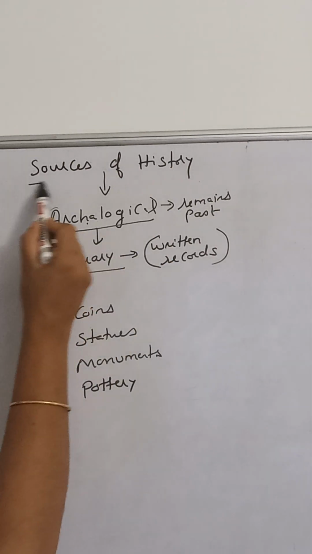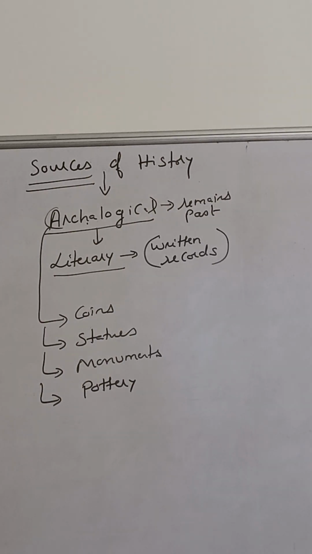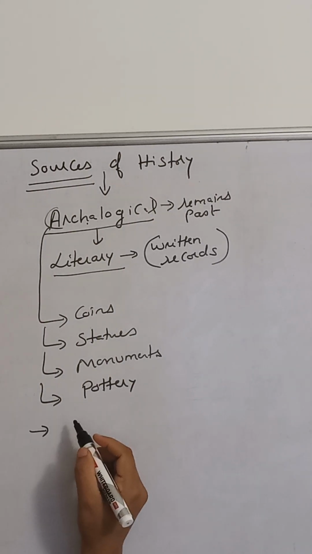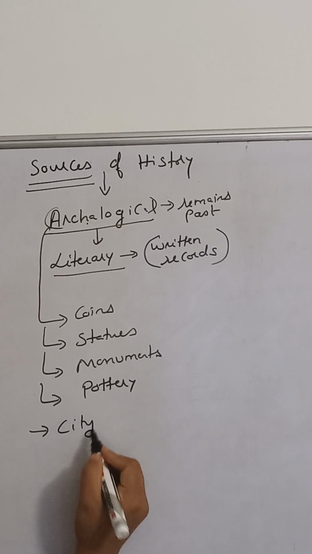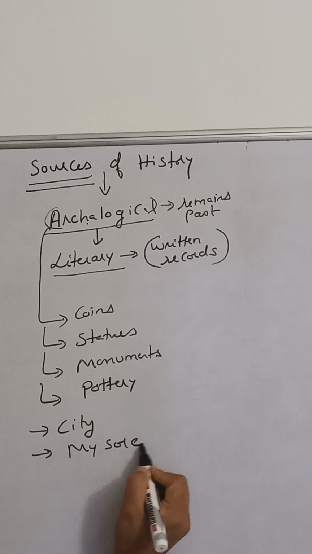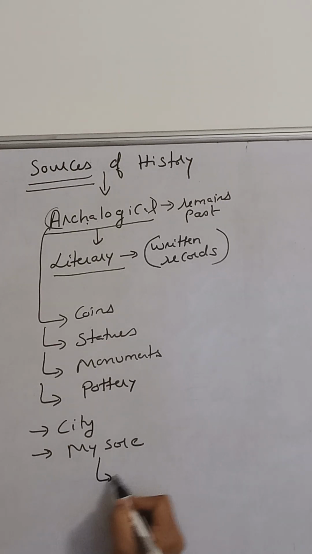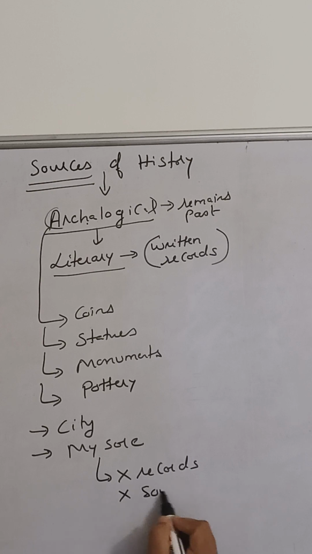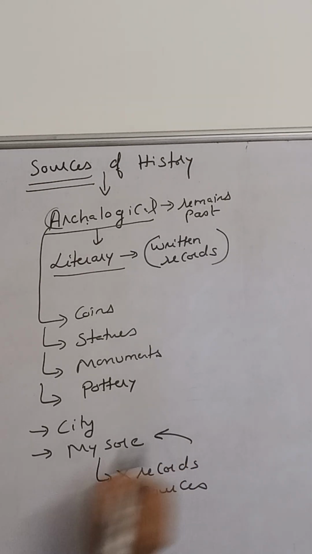So why do we need sources? Suppose you want to write the story about your city. Let us say you stay in Mysore and you want to write the history of Mysore. Without proper records, without proper sources, you can't write about Mysore.